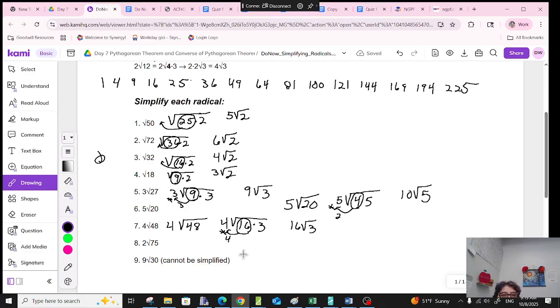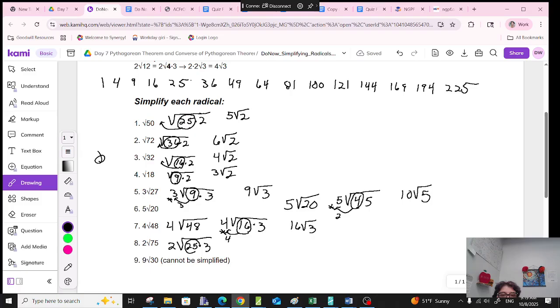Okay, we got one more. Number 9 I just threw out there because I want you to realize that sometimes they can't be simplified, right? So number 8, 2 square root, what's the largest perfect square that goes into 75? 25 times 3.